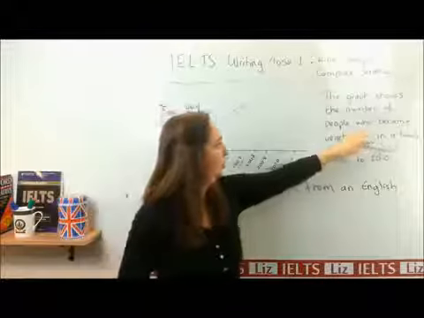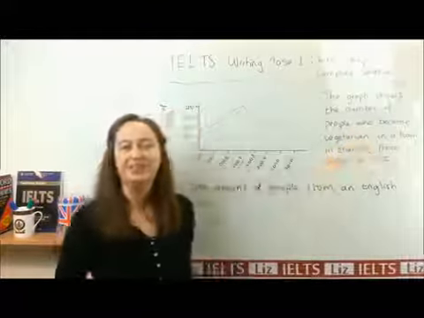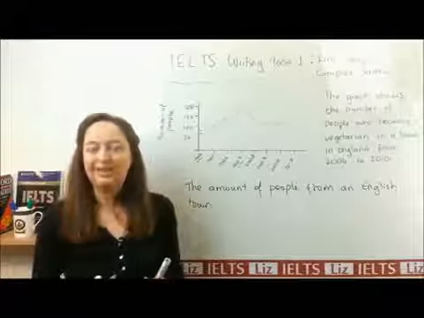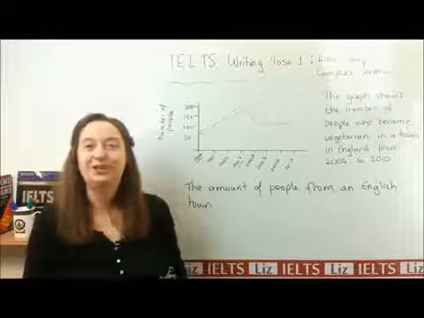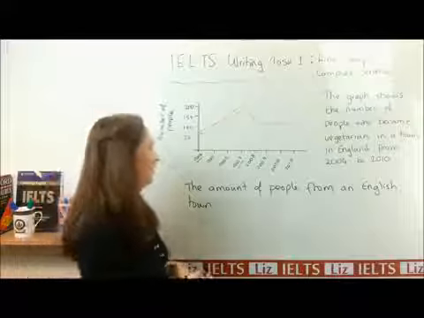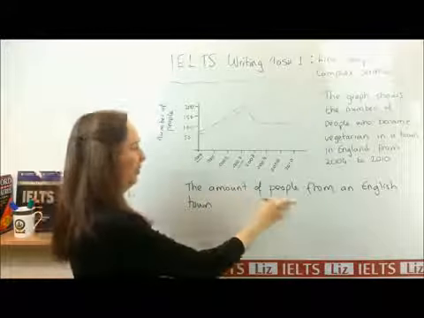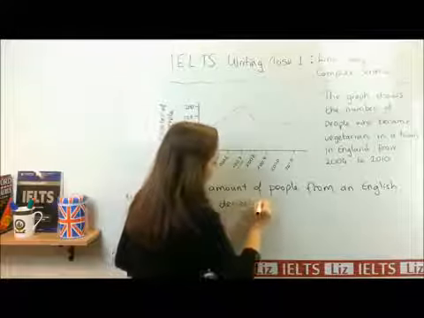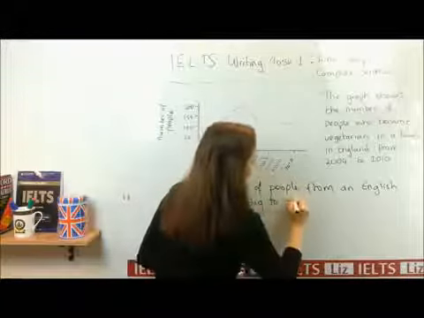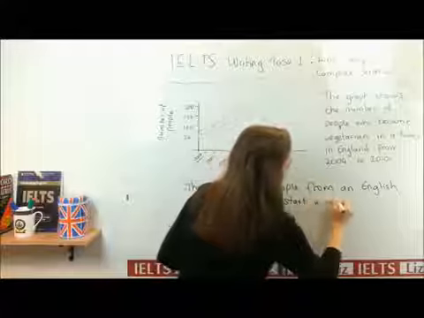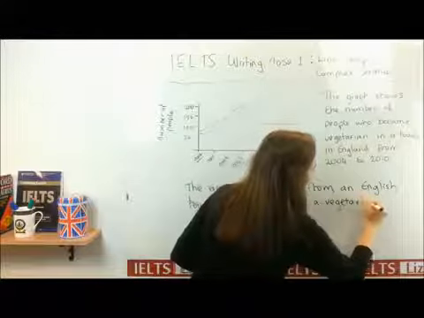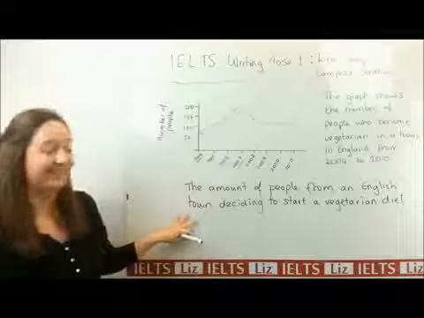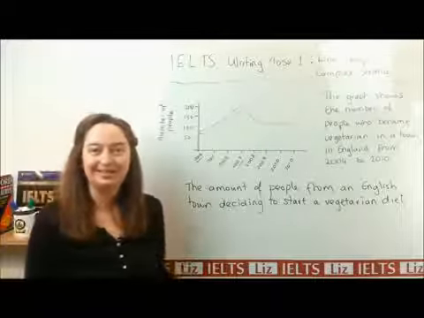Well, they were people who became vegetarian. But again, we need to change this a little bit. We need to show the examiner that we can use different English. So the amount of people from an English town deciding to start a vegetarian diet. So that is our subject.